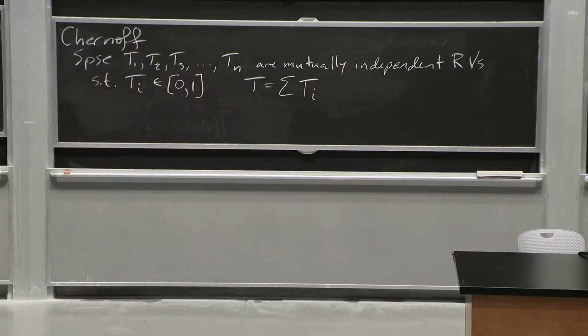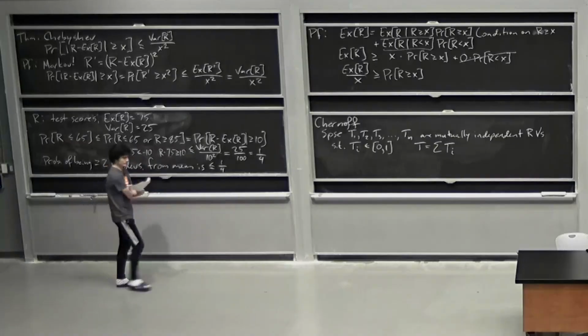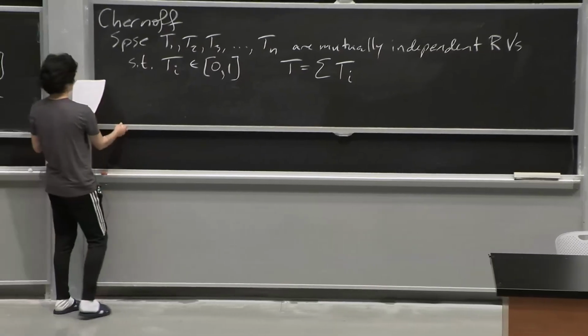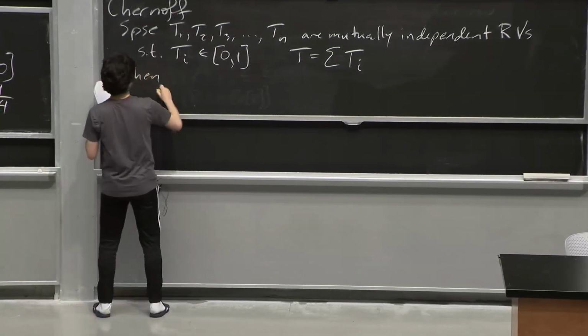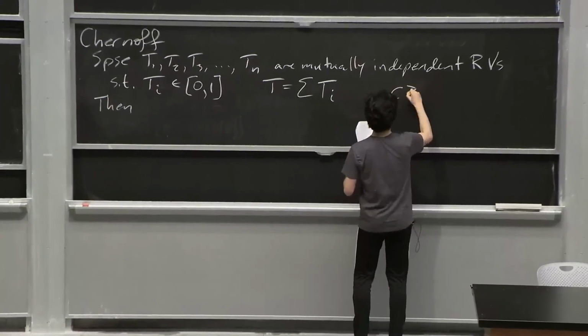Then say we've also got some threshold c, which is at least 1.